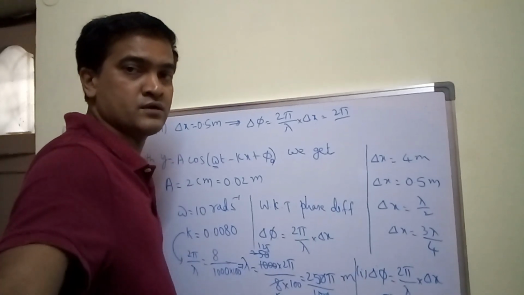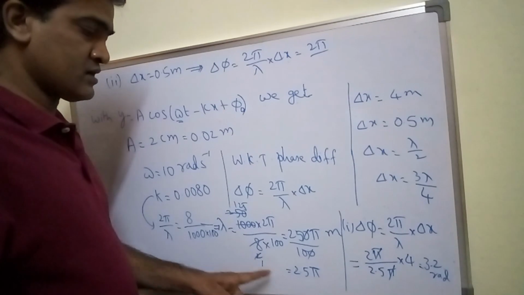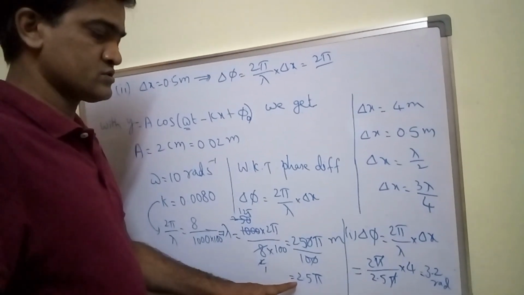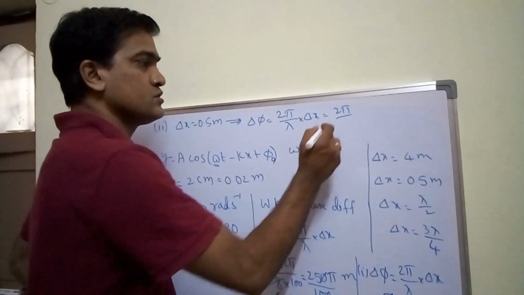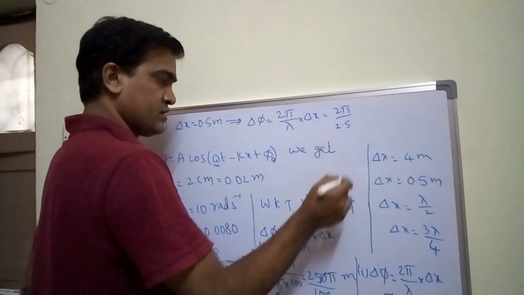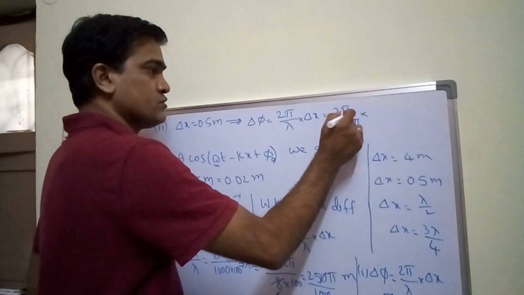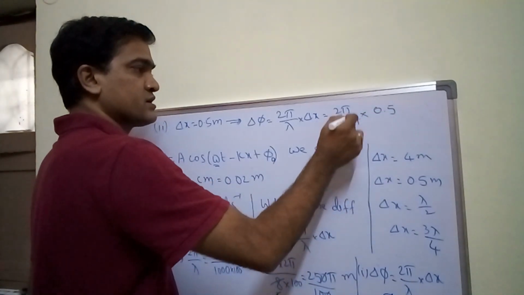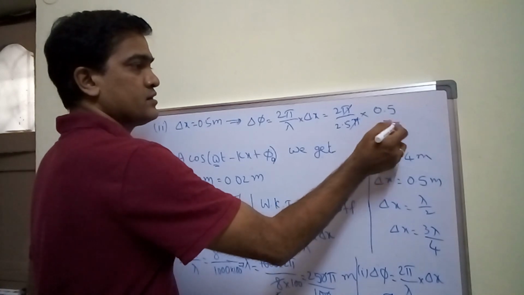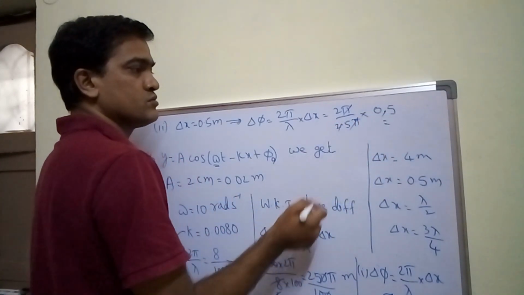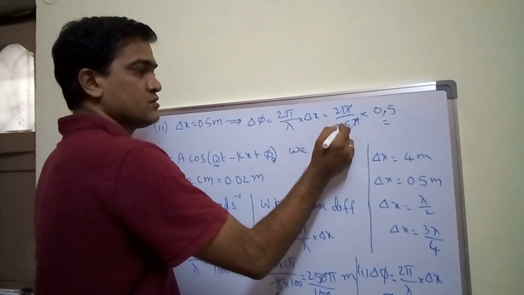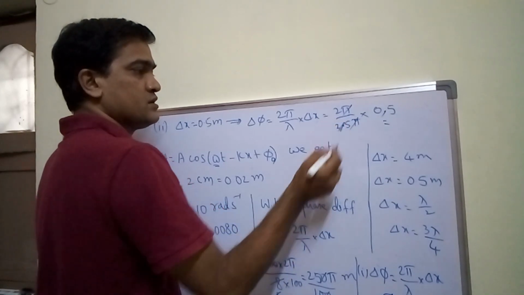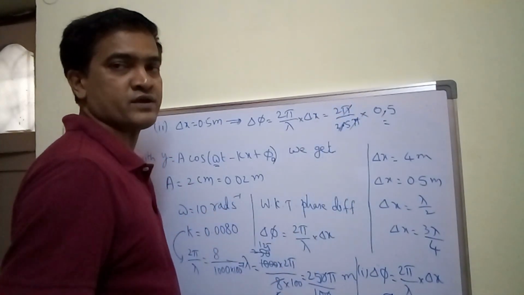This is the value of lambda. Let me show you again. Lambda value is 2.5 pi. Okay. Let me substitute 2.5 pi into delta x is 0.5, so that you can cancel pi, and decimal also you can remove. If you remove decimal, what you remain with is 2 into 5, 10 by 25.